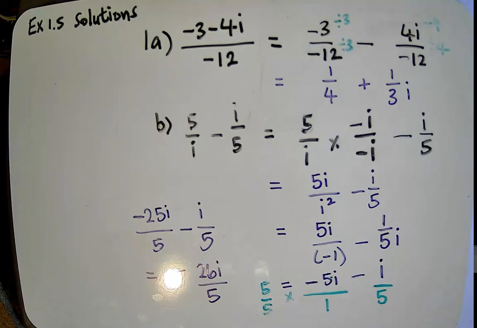Subtracting the i over 5, so minus 25i minus i will give me minus 26i all over 5. Now we need to put in the real number, which will be 0. So the answer will be 0 minus 26i over 5.